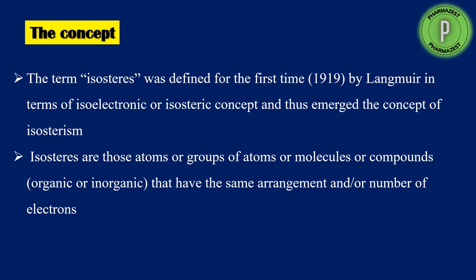So isosteres we can consider as molecules which have a similar arrangement or the same number of electrons.